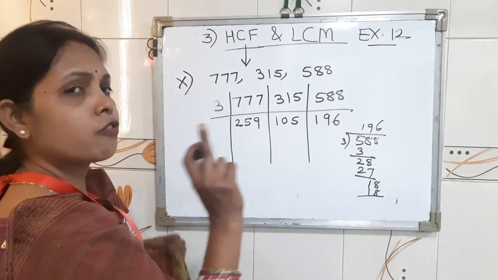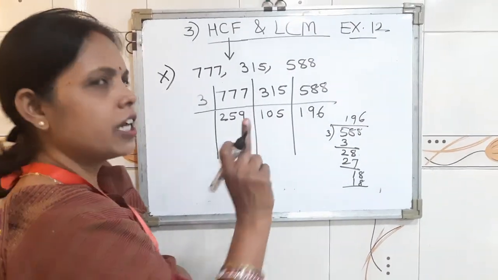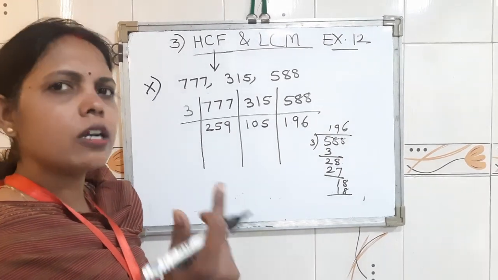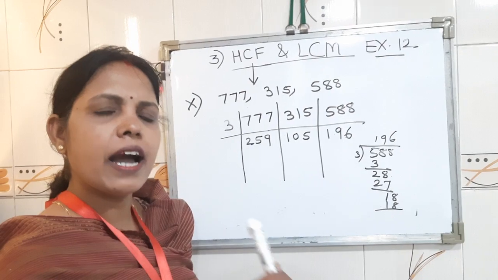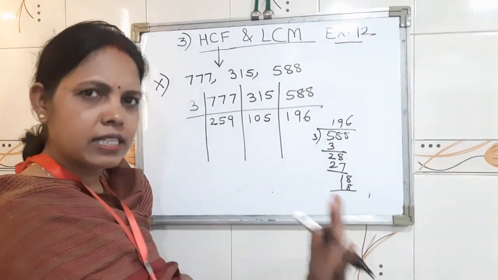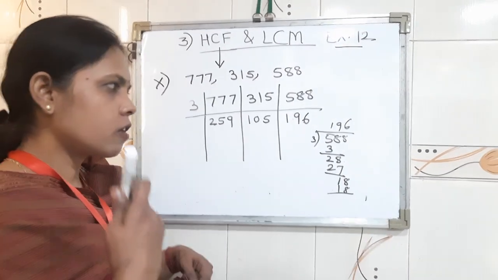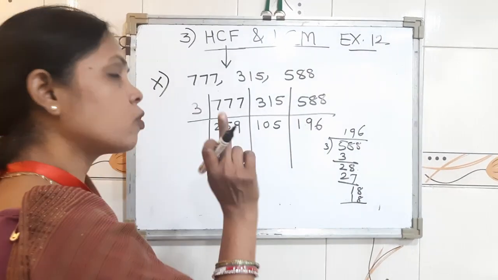In the same way, for 6, there is a rule: if the given number is divisible by 2 and by 3, then only it will divide by 6. Therefore, all these numbers will not divide by 6. We will try our next number, 7. Now, for 7, we have to divide.